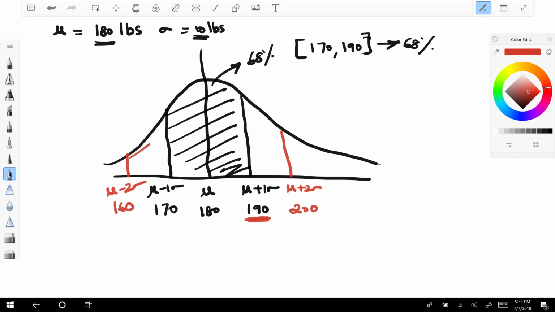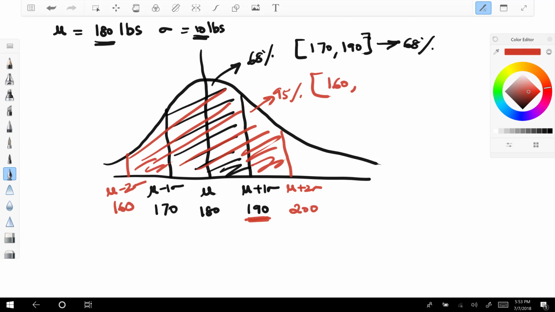So this whole area will be 95%. Again, what we are saying is around 95% of the students will have a weight between 160 and 200.